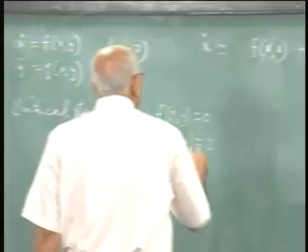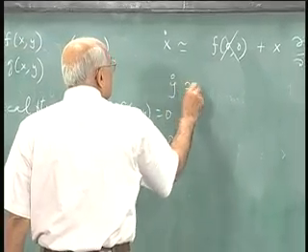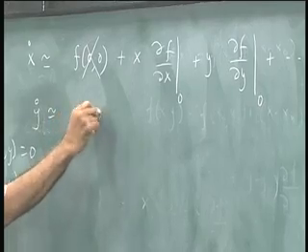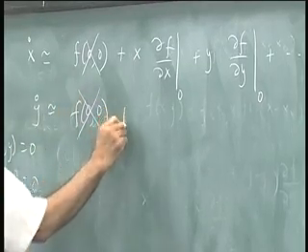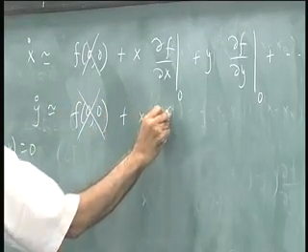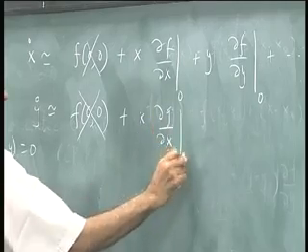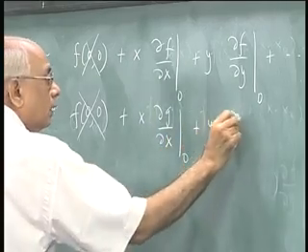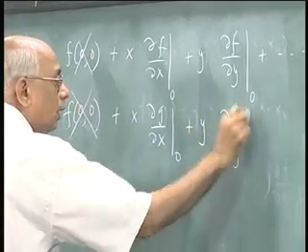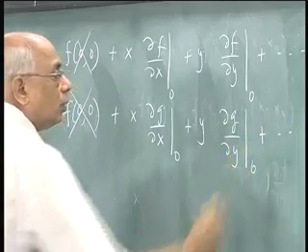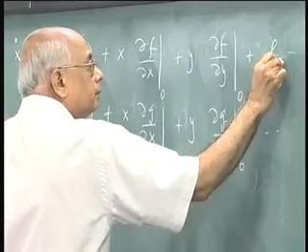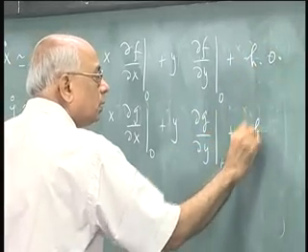And similarly y dot is g of 0 0, that is 0 by definition, plus x delta g over delta x at the origin, plus y delta g over delta y at the origin, plus higher order terms.